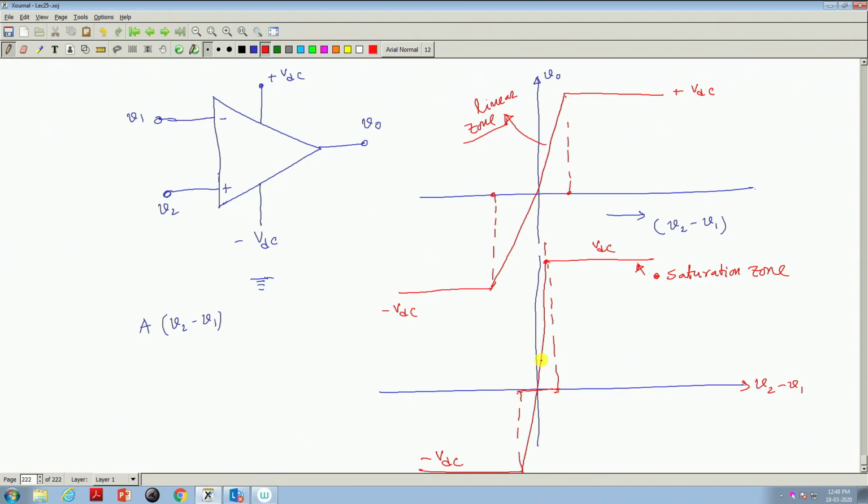Maybe in a practical op amp, this may span over some microvolt level, very steep, and for an ideal op amp, it will be like this. It will be almost like a vertical line. This is the ideal op amp.